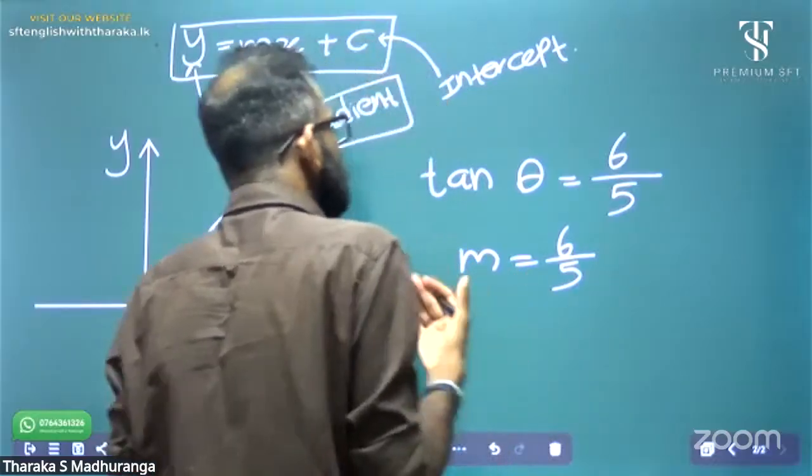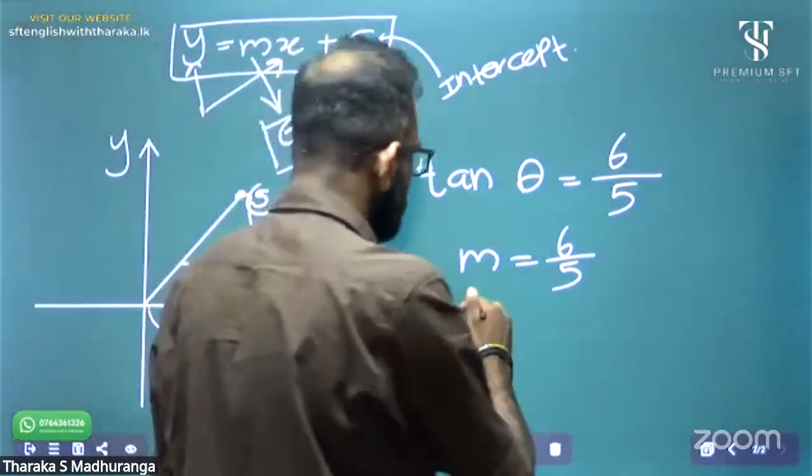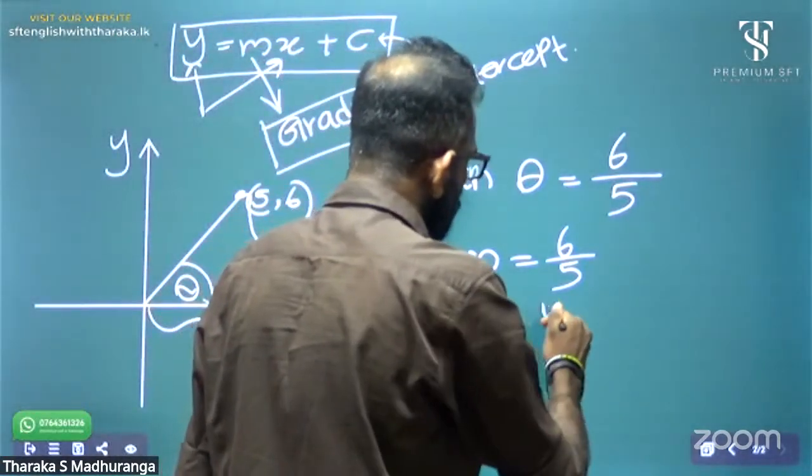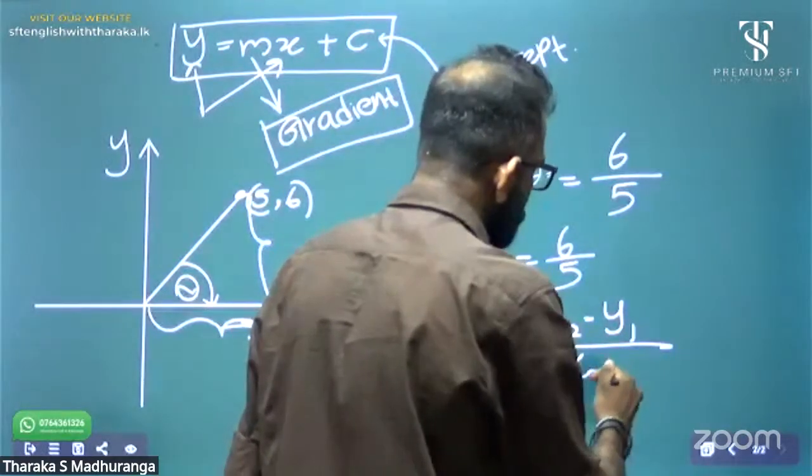According to this basic method, I will tell you a very simple method to calculate the gradient. The gradient equals y2 minus y1 divided by x2 minus x1.